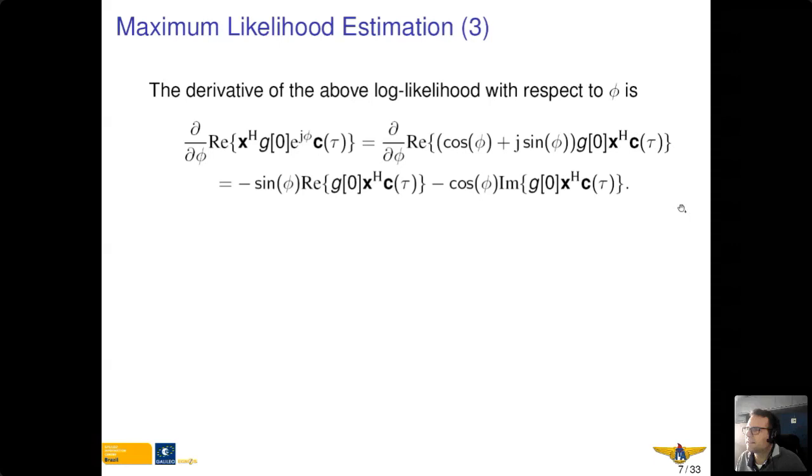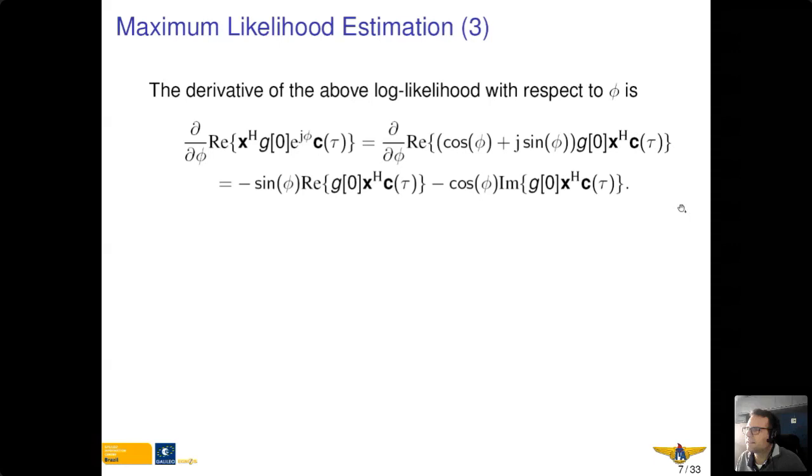If we equate this to 0, then we can derive an equation that says sine of phi divided by cosine phi, which is the tangent of phi, is equivalent to the imaginary part of g of 0 x Hermitian c of tau, divided by the real part of this.